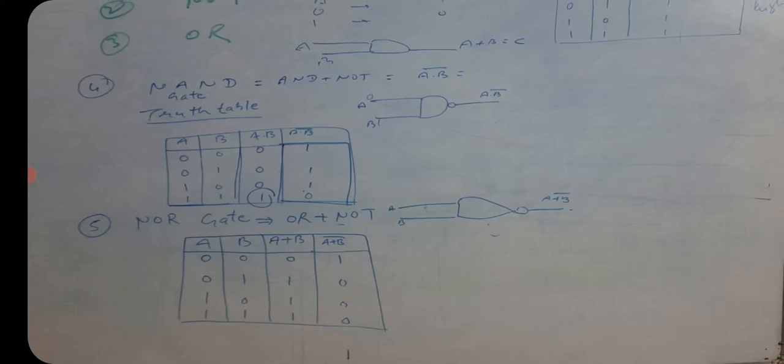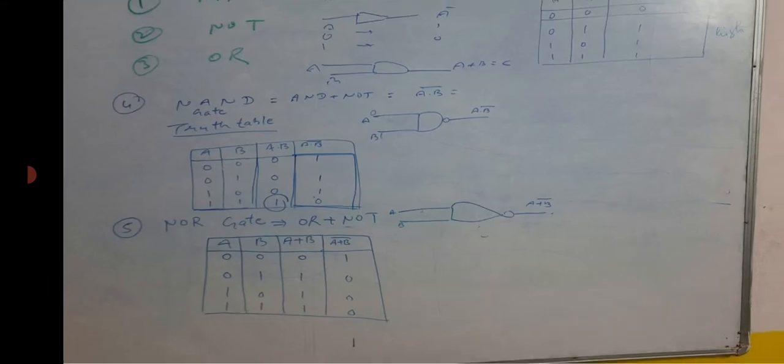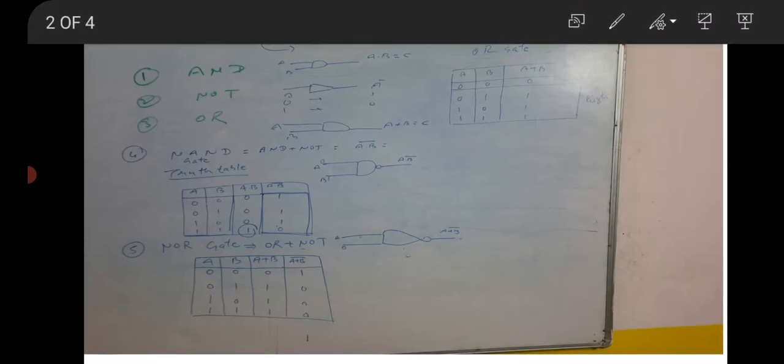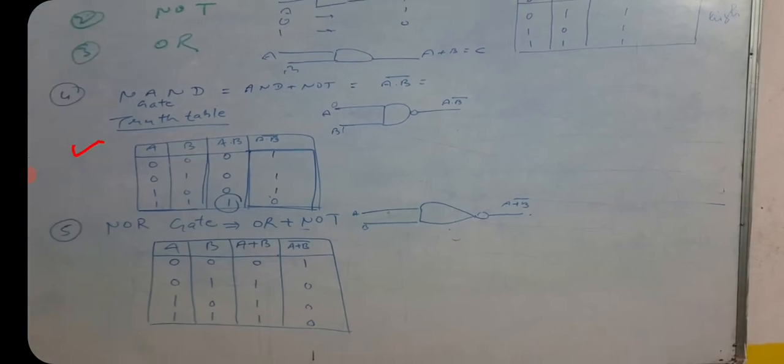Now, talking about the truth table for the NAND gate, suppose we have two inputs A and B. The value of A is 0, 0, 1, 1 and the value of B is 0, 1, 0, 1.